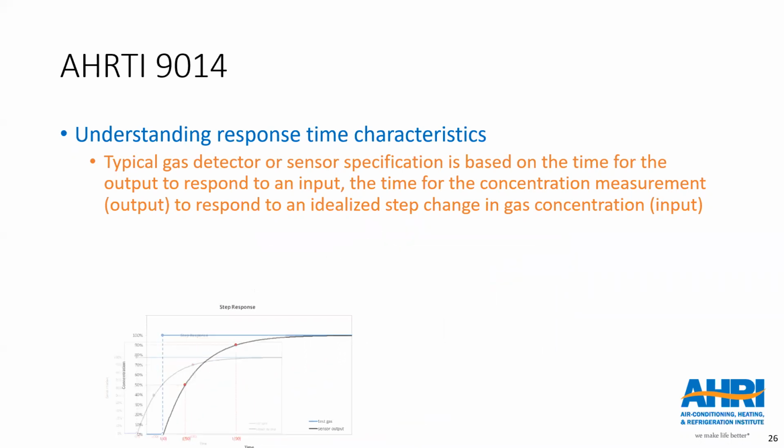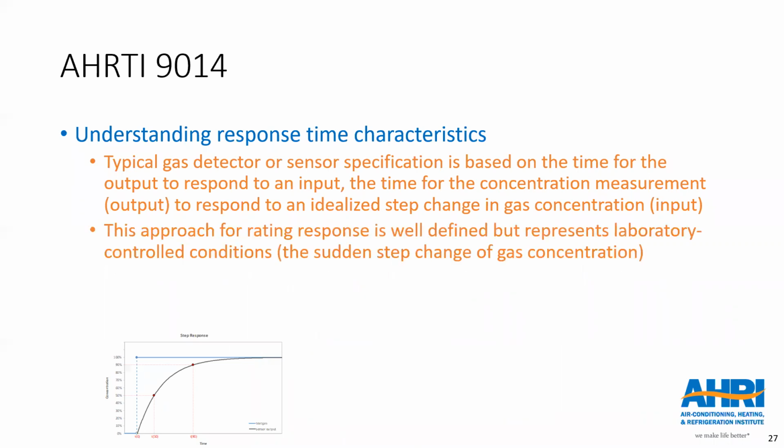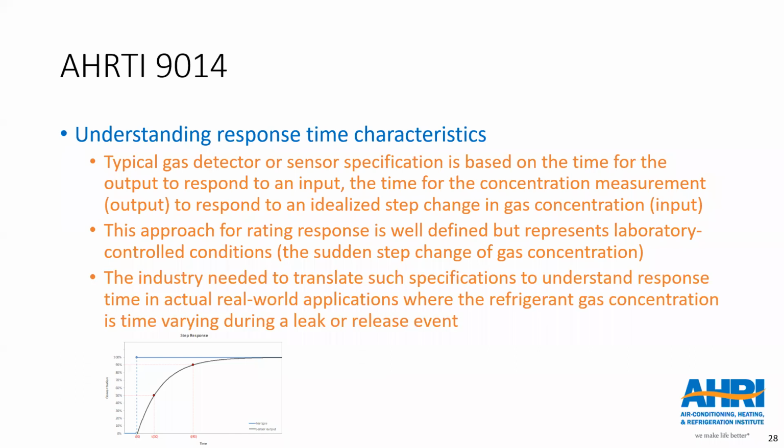Next. So this approach for rating the response time of sensors and sensing elements is well defined. You can go next, but it represents laboratory controlled conditions to create the sharp increase for a sudden step change in gas concentration. Next.